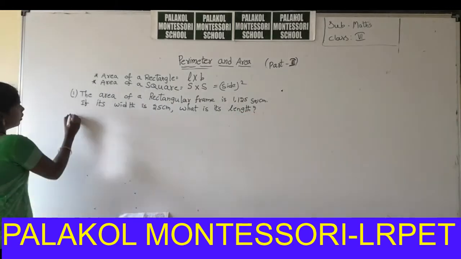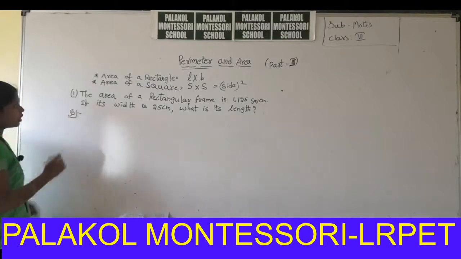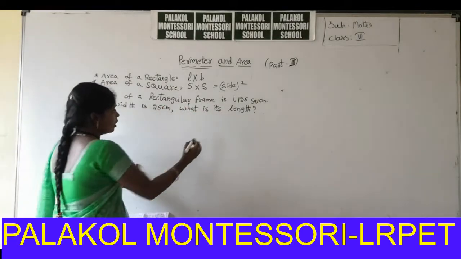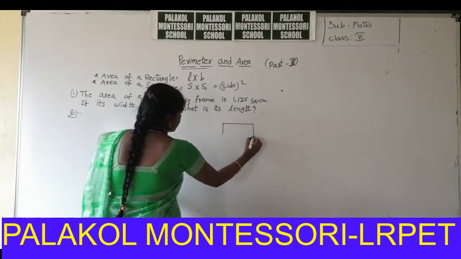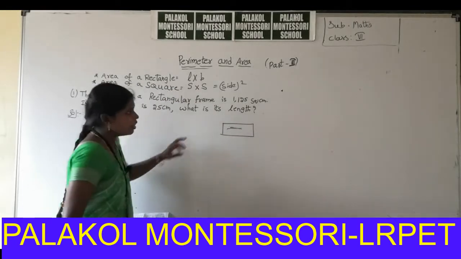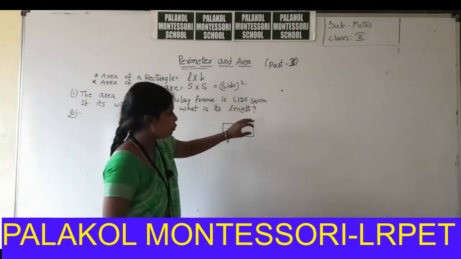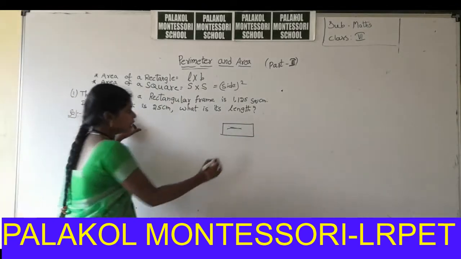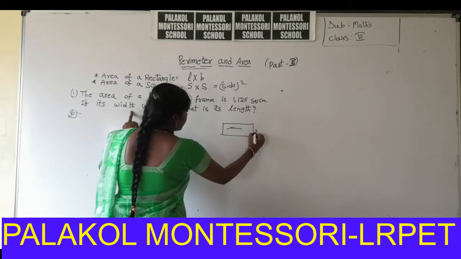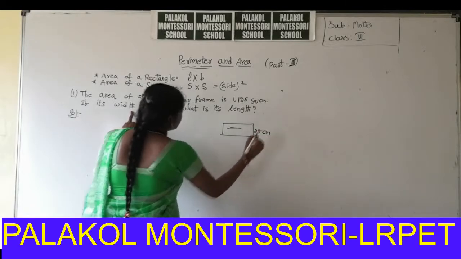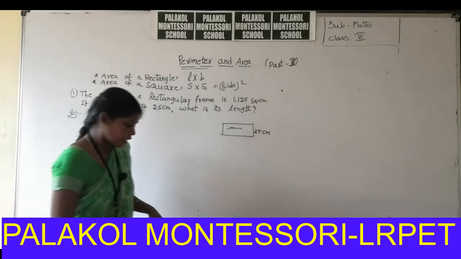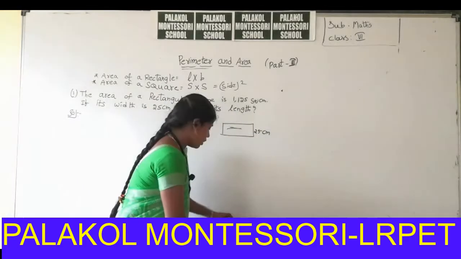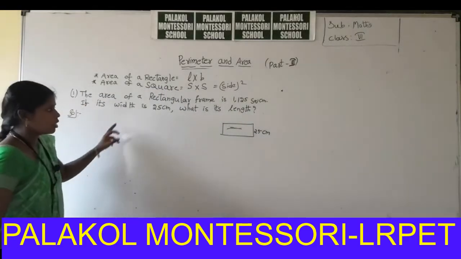So students, listen. What is the question? The area of a rectangular frame is given, 1125 square centimeters. Its width is nothing but breadth, that is 25 centimeters.